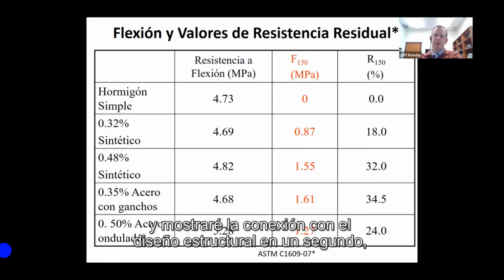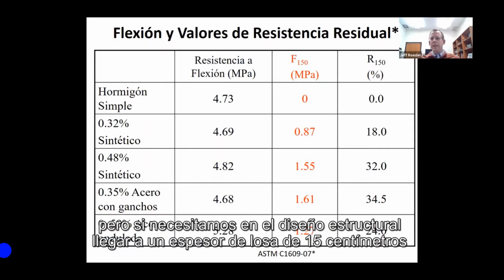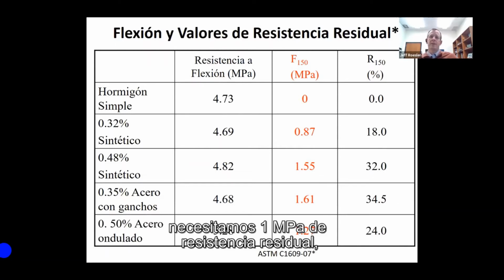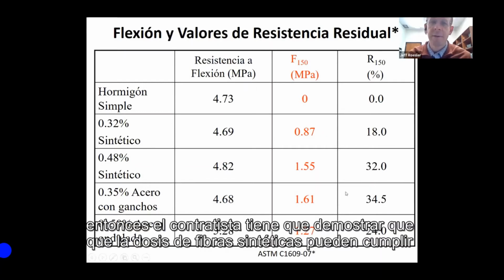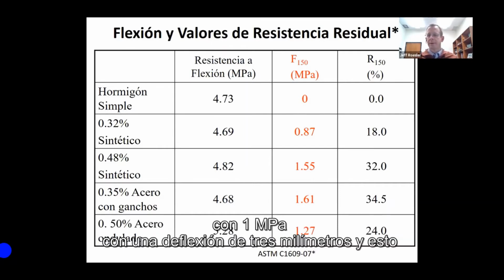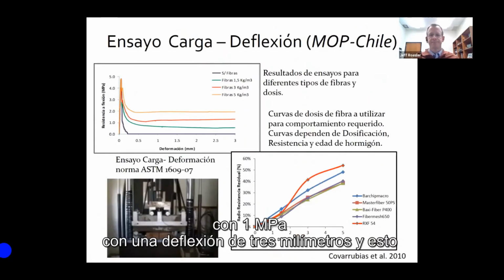I'll show the connection with the structural design in a second, but if we need in the structural design to achieve 15-centimeter slab thickness, we need 1 megapascal of residual strength, then the contractor has to prove that that dosage of synthetic fibers can meet 1 megapascal at 3 millimeter deflection.